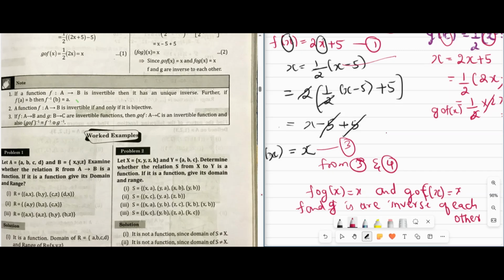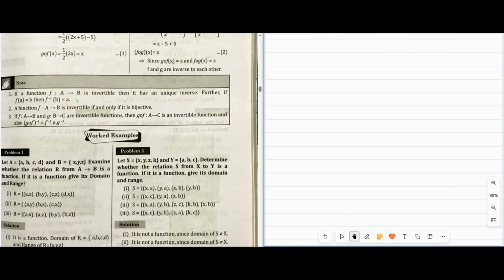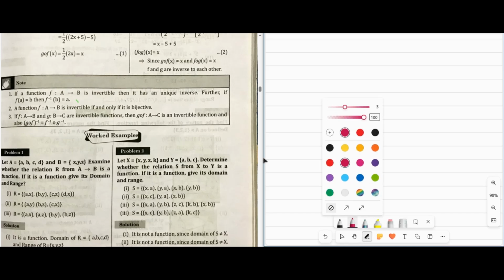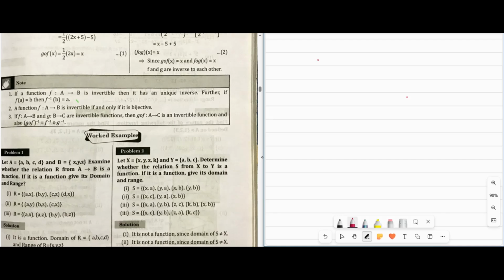For example, if f of 2 is equal to 5, then f inverse of 5 will be equal to 2.